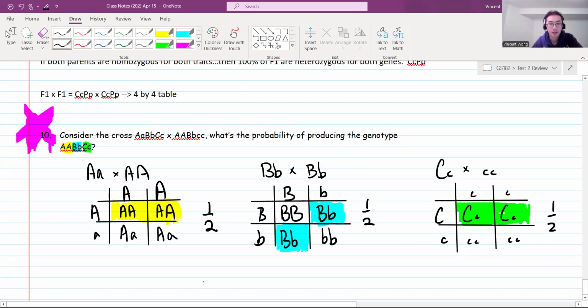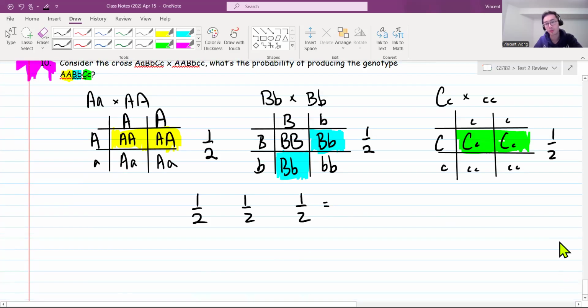So we have 3 fractions. And what did I always say? What do I always say? If you're not sure what to do with the numbers, what are we going to do? Multiply. So that's 1/8.